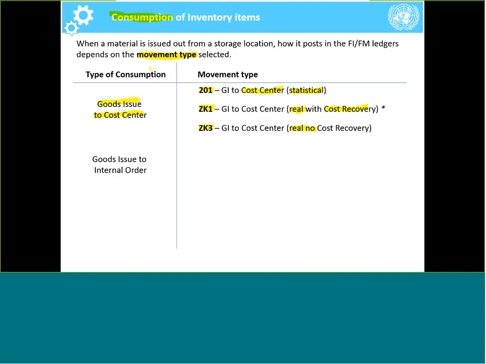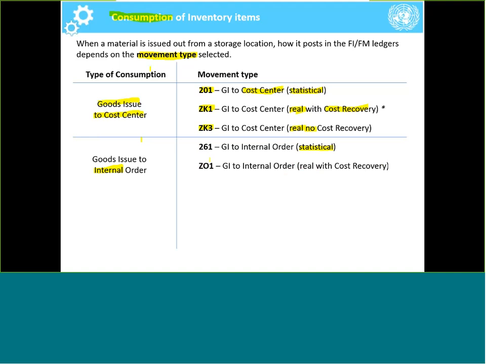Same thing if you want to issue out from your stock in relation to an internal order. Again, there are going to be three different movement types: one statistical, in this case 261, and then two budget relevant movement types, one with cost recovery and one without cost recovery.